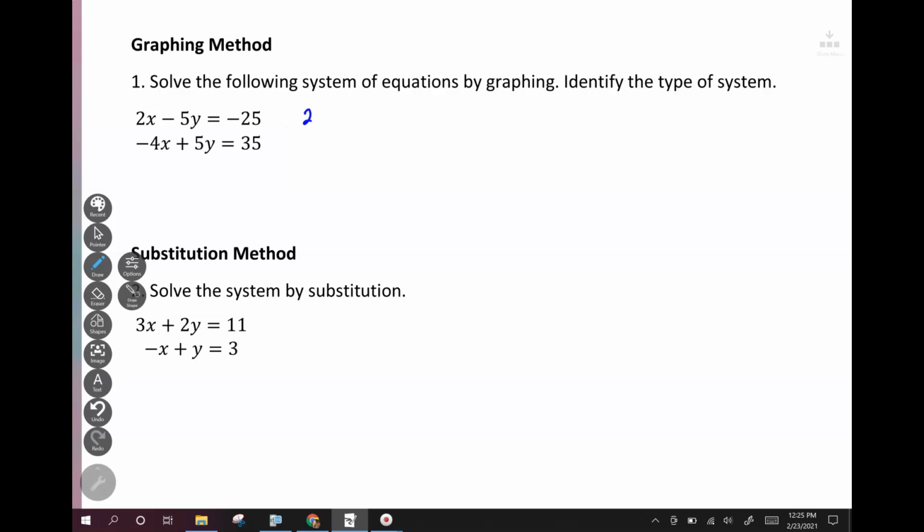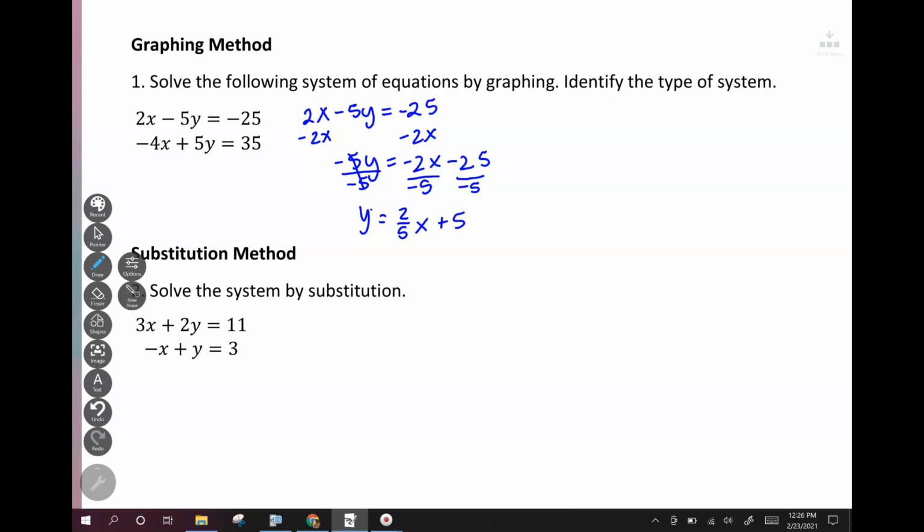Taking the first equation, 2x minus 5y equals negative 25, and solving for y: subtract the 2x and divide by negative 5. Everything gets divided by negative 5. So y equals 2/5 x plus 5.